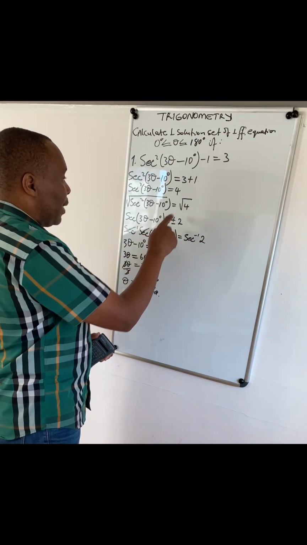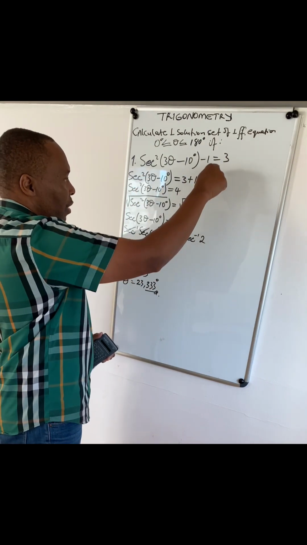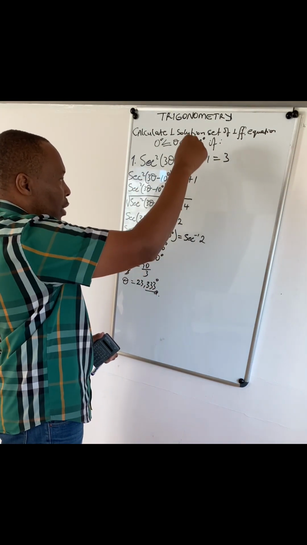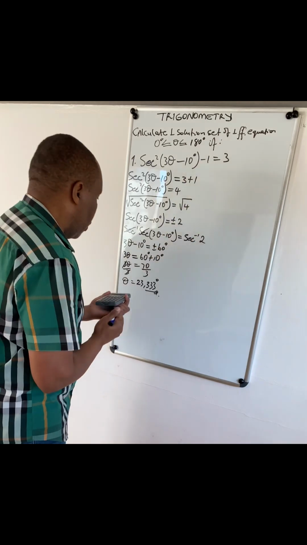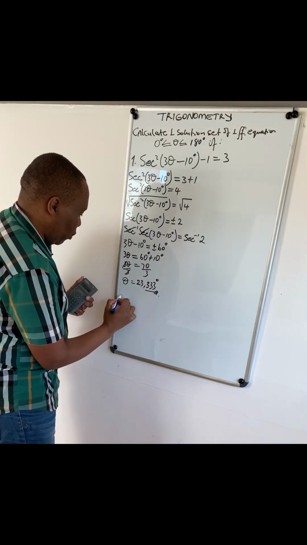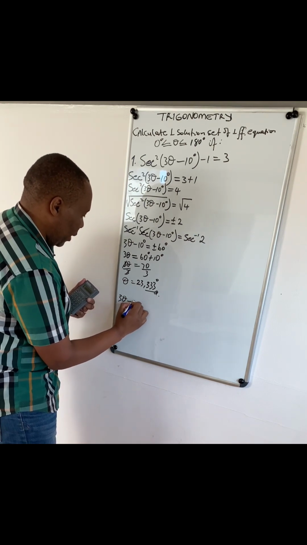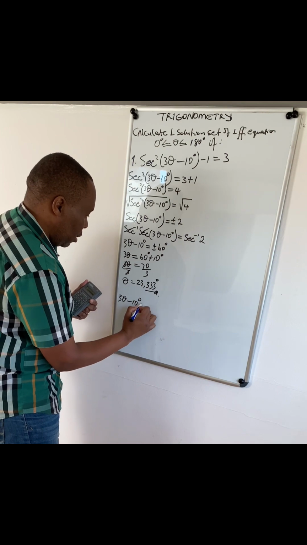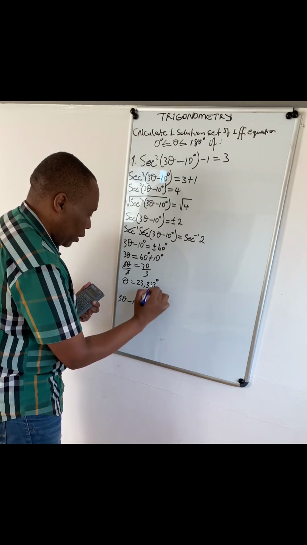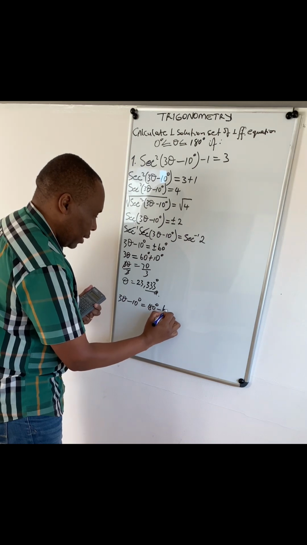We need to get now to the second quadrant, because sec is positive in the first and fourth, but negative in the second and third. So for the second part, we say 3 theta minus 10 degrees is equal to 180 degrees minus 60 degrees.